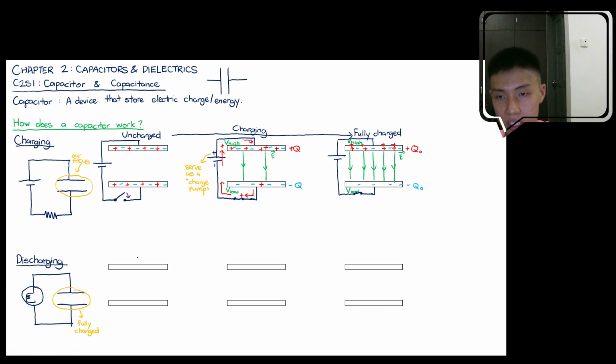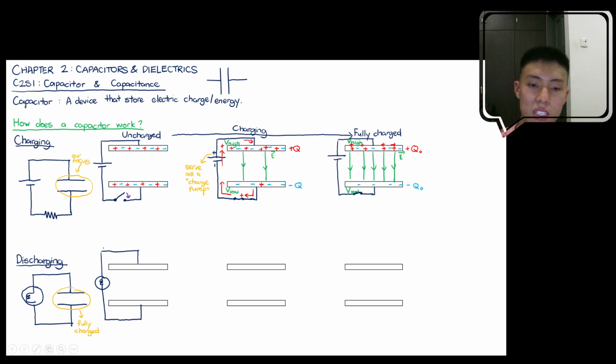When you do this, the battery is no longer there. There's no more battery inside this setup, so there's no more pump to force the positive charge from the lower plate to the upper plate. The driving force is no longer there. No one is pushing it up to the upper plate anymore.